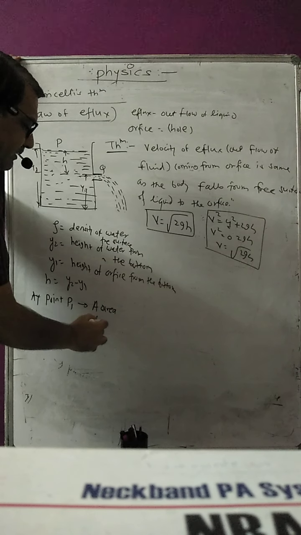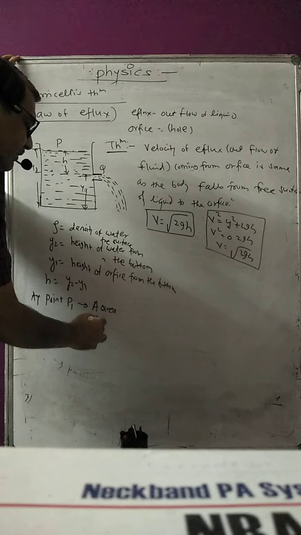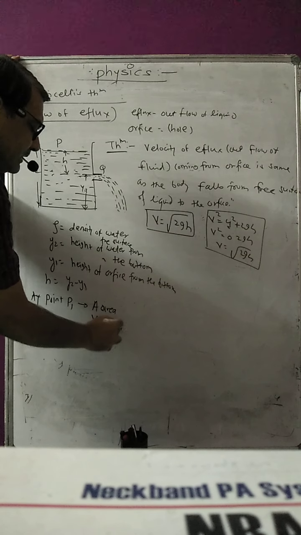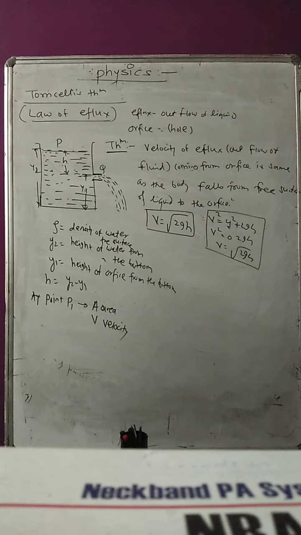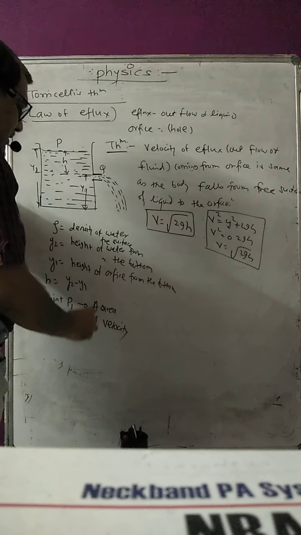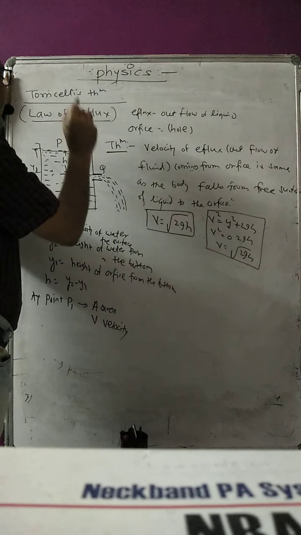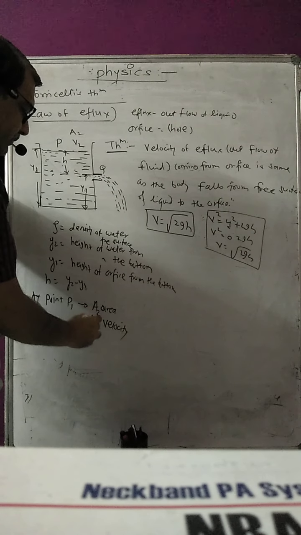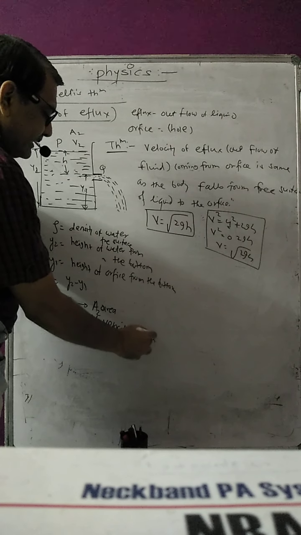V will be the velocity of a liquid. मी काय करतो मुलांनो, एका पॉइंटला इथं वेलॉसिटी v घेऊ ह्या लिक्विडची आणि एरिया त्याचा a2 घेऊन टाकू. चला, a2 v2 will be the velocity of liquid at this point.